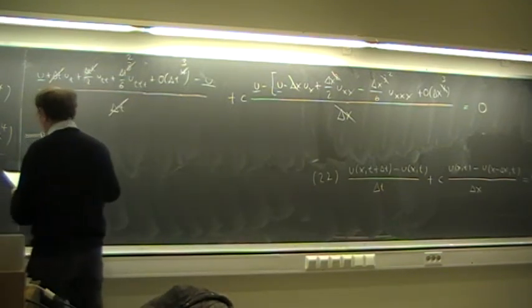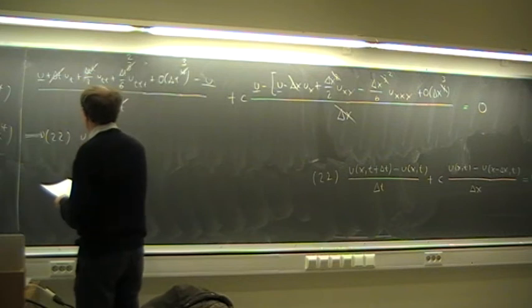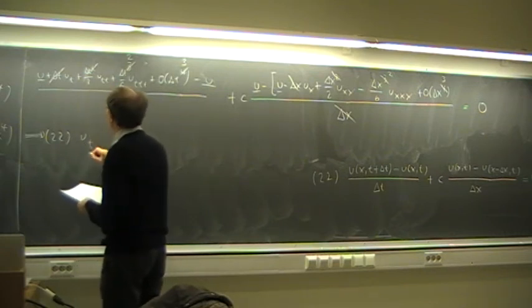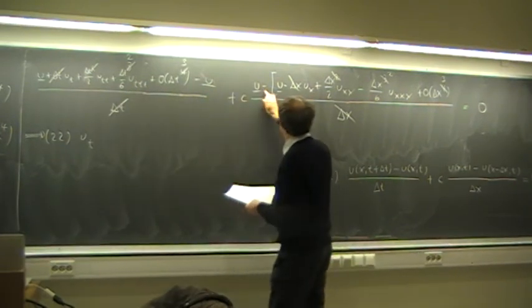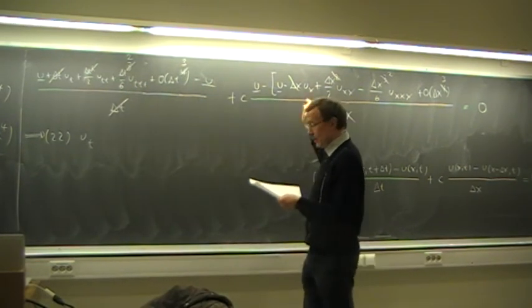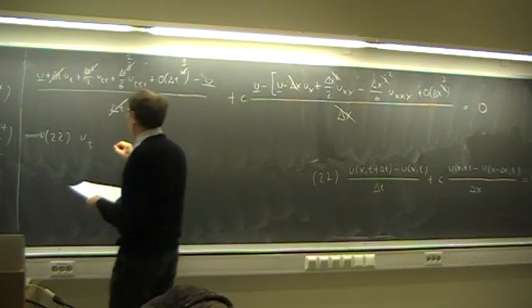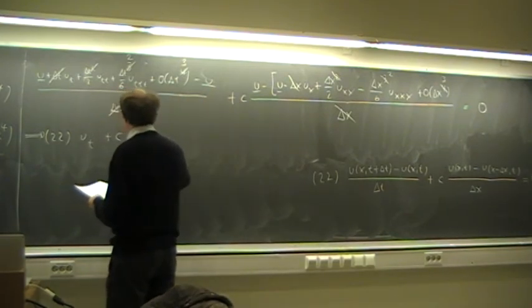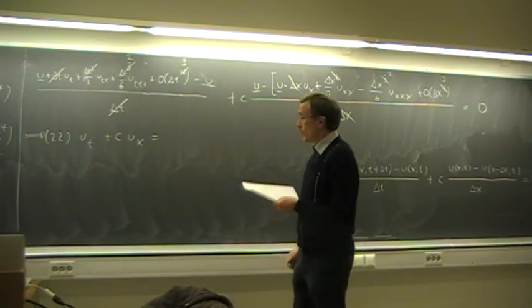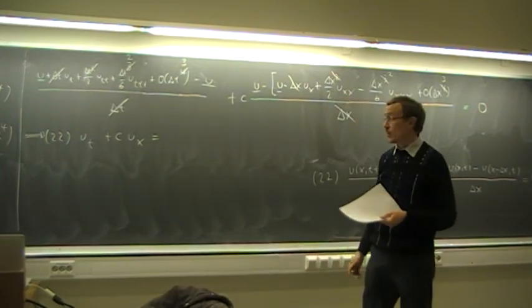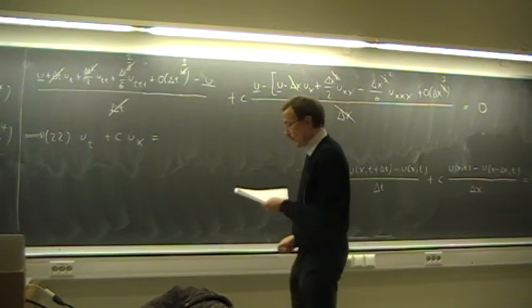That is then the equation that we are in fact solving. So we get u_t from here, and from here we get c u_x. Now we write the rest on the right hand side to see that we are not solving this linear advection equation, but we are solving another equation.